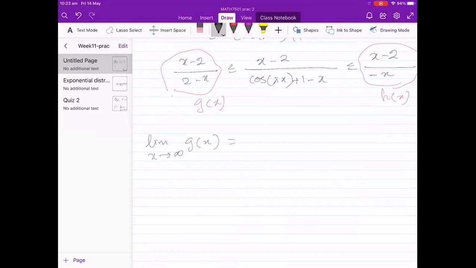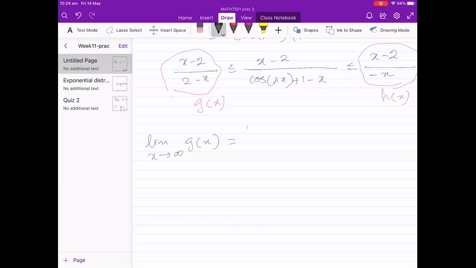What is that? How would you find this? Why is it -1? Divide by x both numerator and denominator.